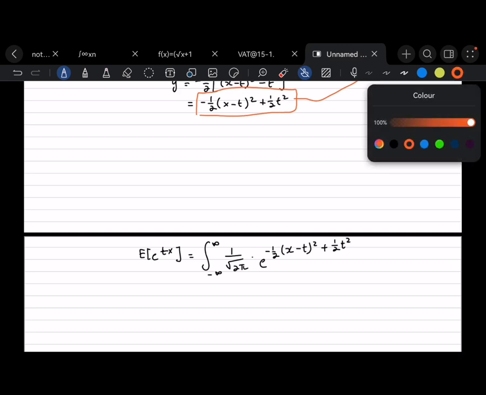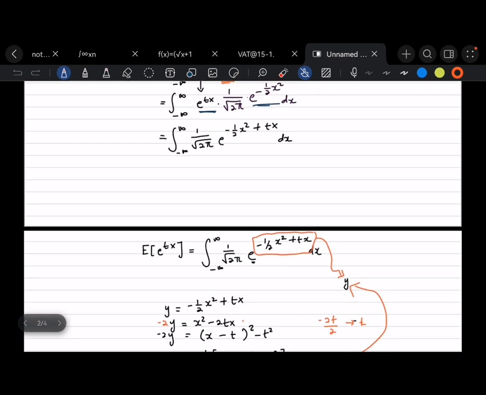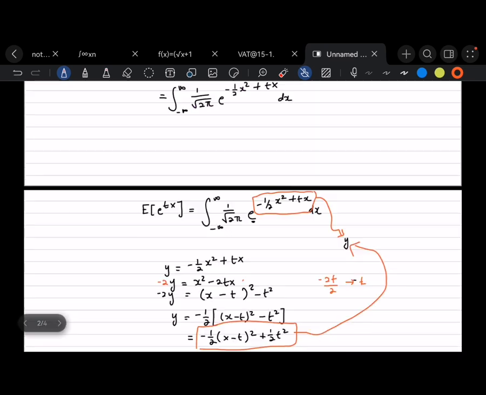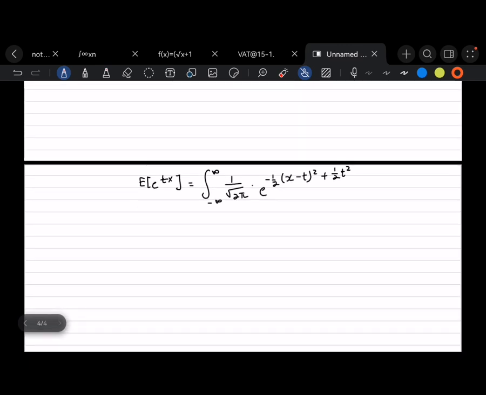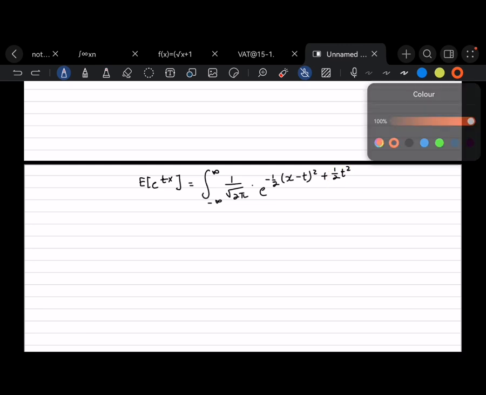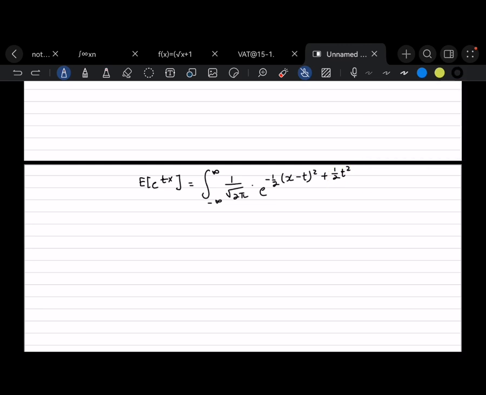Okay, so now remember what we did when we combined these two bases. We combined the exponents, but now we want to separate the exponent, which means we need to separate the bases. So this positive half must have its own base e. So now we're doing the opposite. We still have dx, with respect to x.